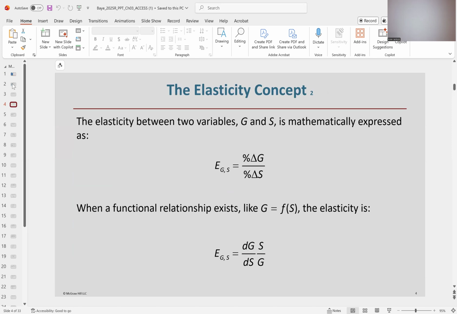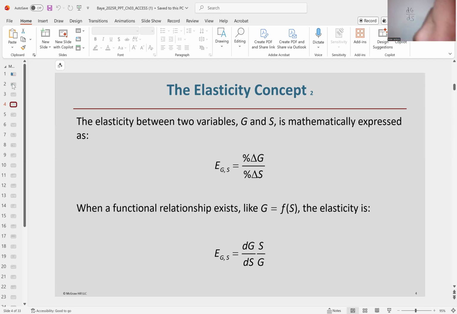Now, one reason I'm making this video is that sometimes we get a little apoplectic when we use the little calculus here to accomplish the same thing. The letter D there, when we talk about dG, dS, is a derivative. We've talked about derivatives just a little bit. You can also think of this as a little delta, delta G over delta S if you want.